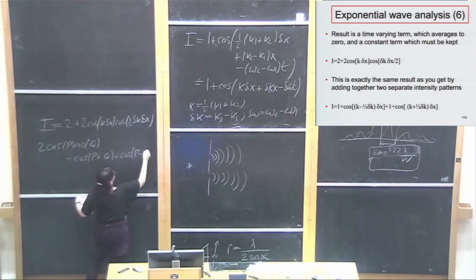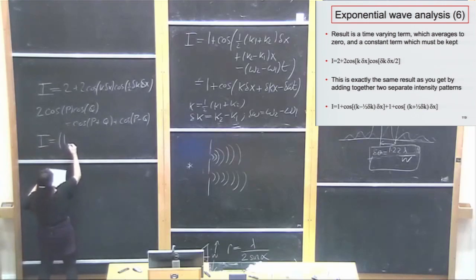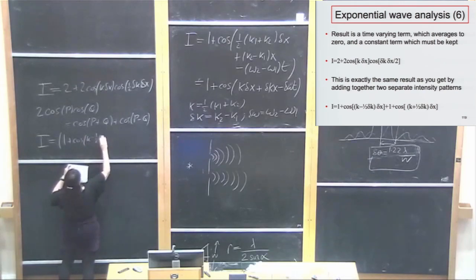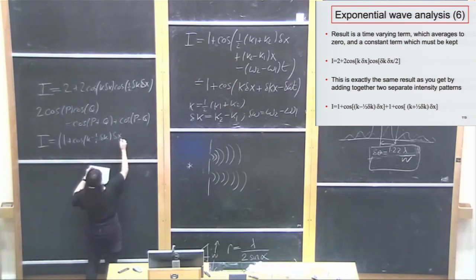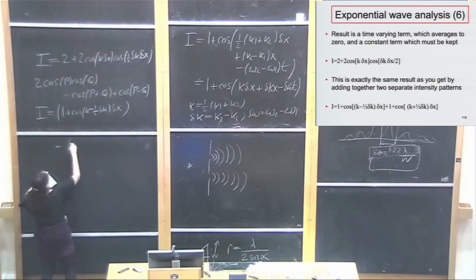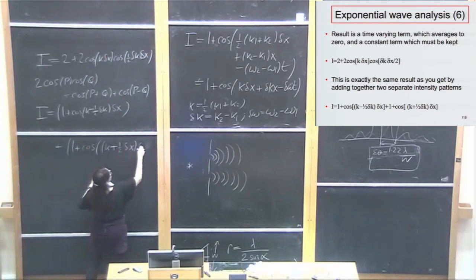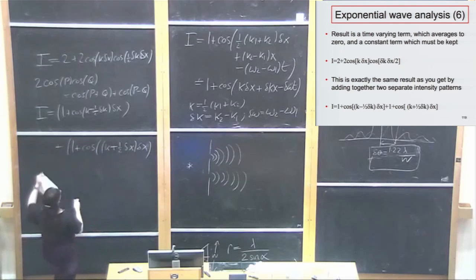cos p minus q. And that means I can rewrite this as two terms, one that looks like 1 plus cos k minus a half delta k delta x, sorry, my minuses, right, delta x, and another term that looks like 1 plus cos k plus a half delta k delta x.